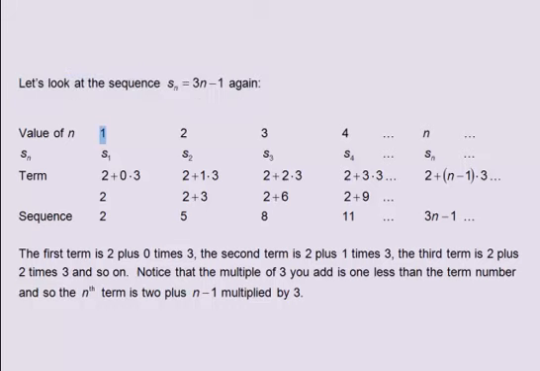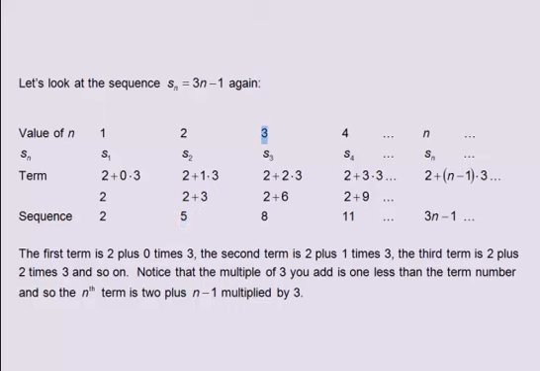When n is equal to 1, the term Sn is called S1. It's equal to 2 plus 0 times 3, or 2, and the term in the sequence is 2. When n is equal to 2, the term in the sequence is called S2. The value is 2 plus 1 multiplied by 3, which is 2 plus 3, which is 5.